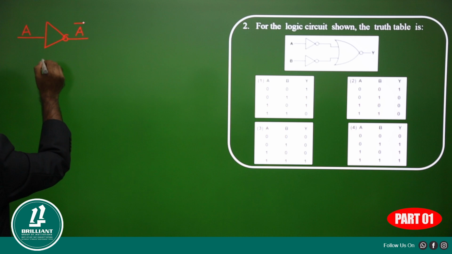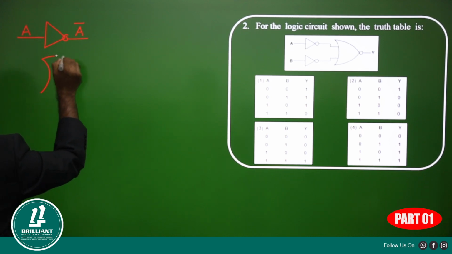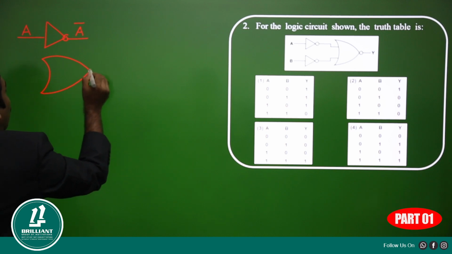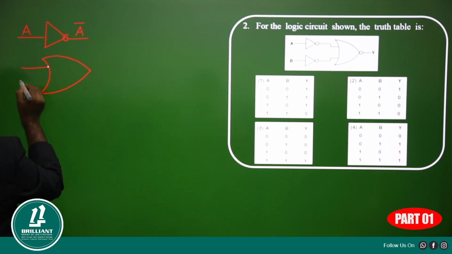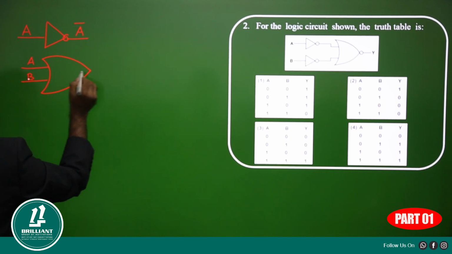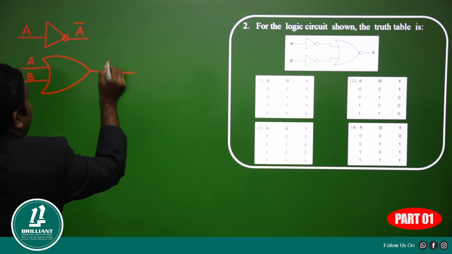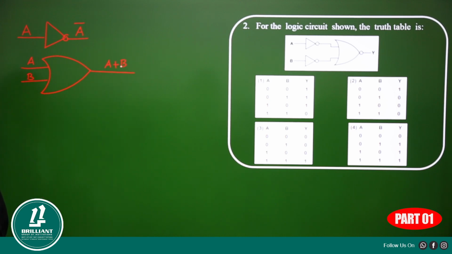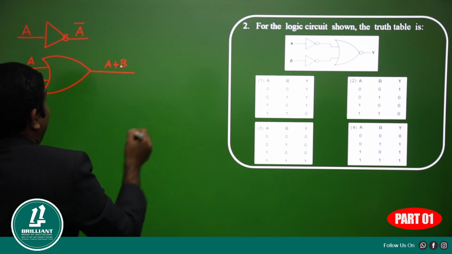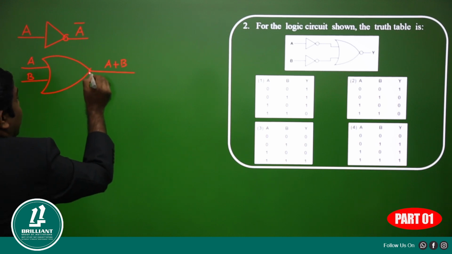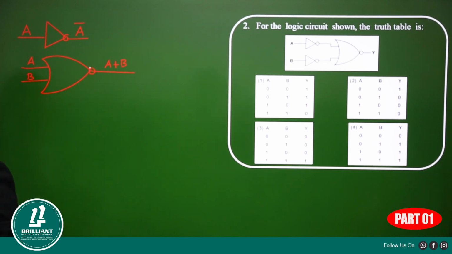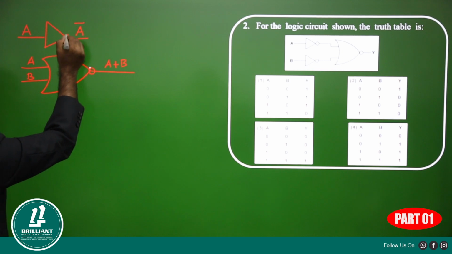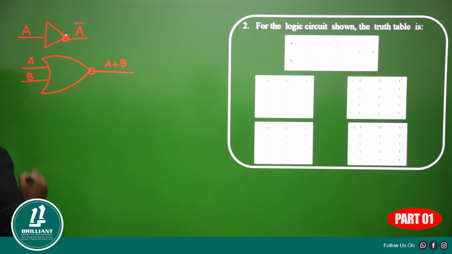Now, another gate is there in this diagram. This gate is an OR gate. OR gate means addition, A or B. But see, in the diagram a bubble is also given here. The bubble stands for complement.